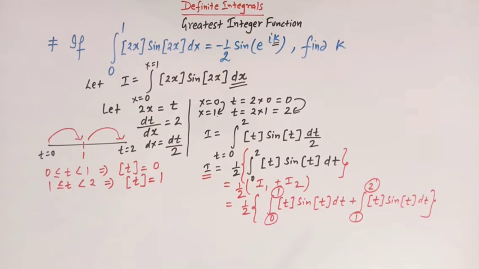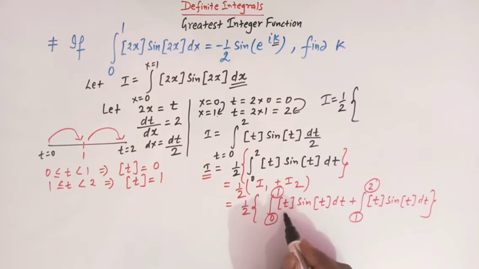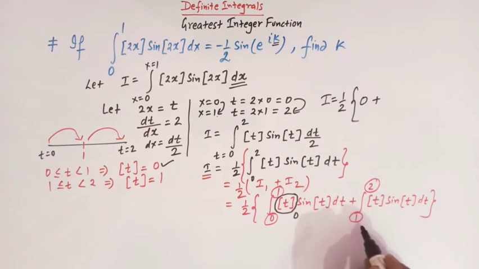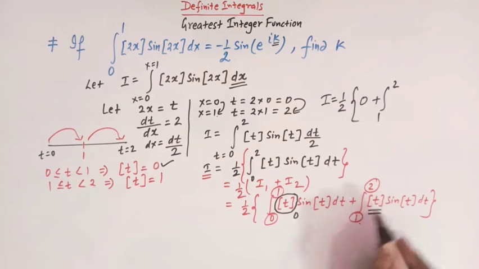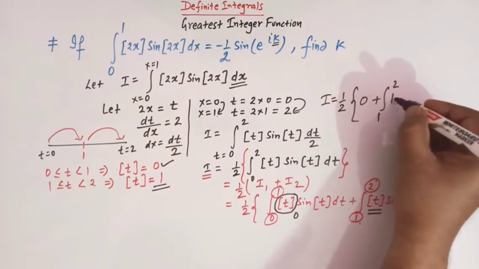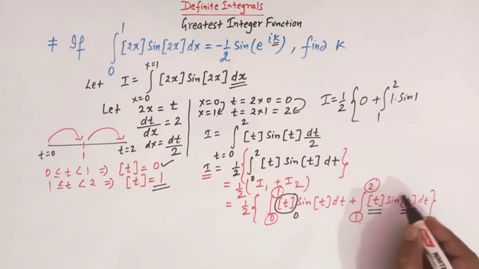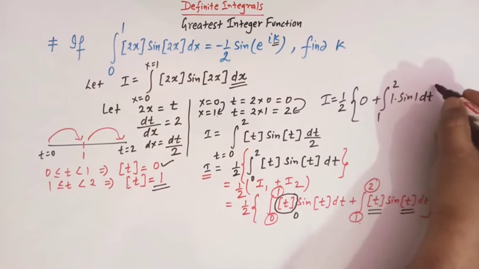So this expression can be written as I equal to half, and for the first integral, greatest integer t is 0, so it becomes 0. Plus the integral from 1 to 2, where greatest integer t is 1, so we have 1 times sine of 1, and here we have dt.